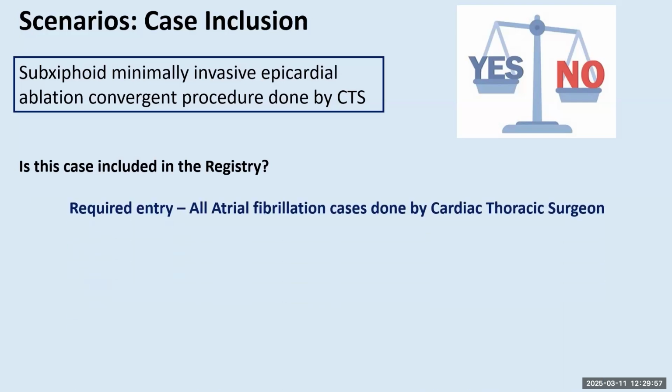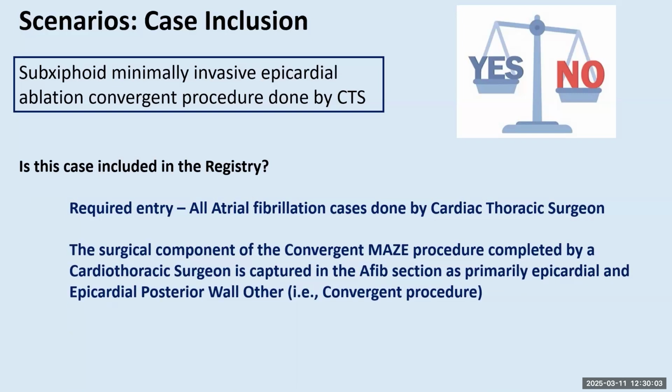Yeah, it's required. It's an atrial fib case done by a cardiothoracic surgeon. The surgical component of this convergent maze completed by the cardiothoracic surgeon is captured in the AFib section. We have a choice for that, primarily epicardial and epicardial posterior wall other.